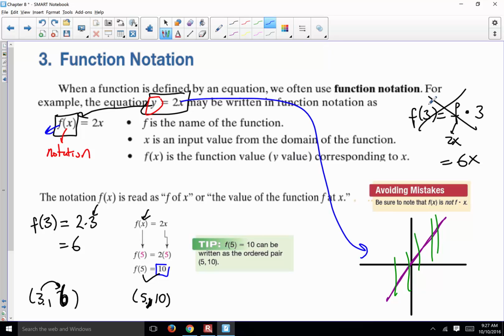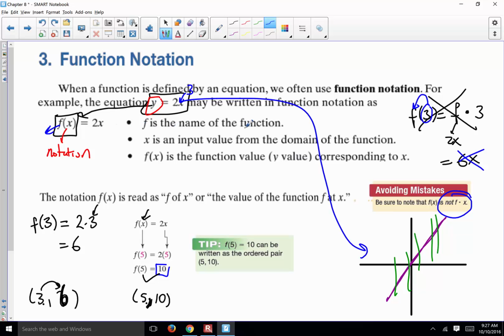This means passenger 3 traveling with this bus and going somewhere. It's a title again. It's a fancy name. 3 travels with f, go find it. You need to literally substitute 3 here and travel with this bus and find it. It's 6, not 6x. So again, it's not a multiplication symbol, f of x is.